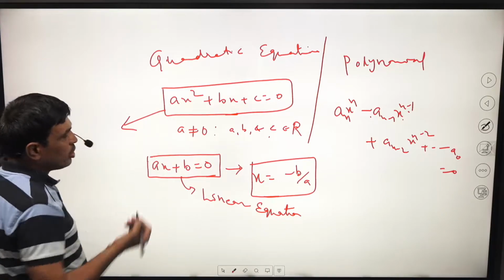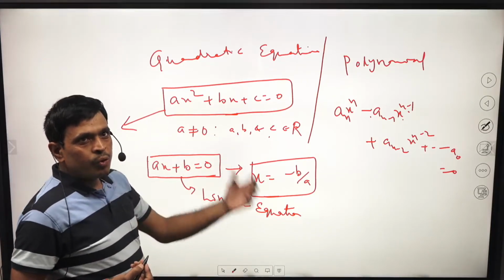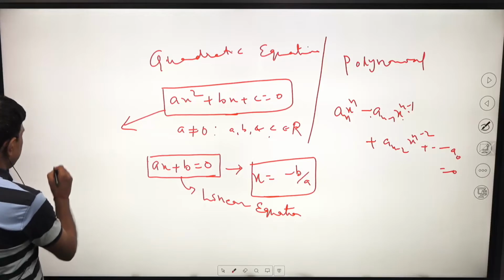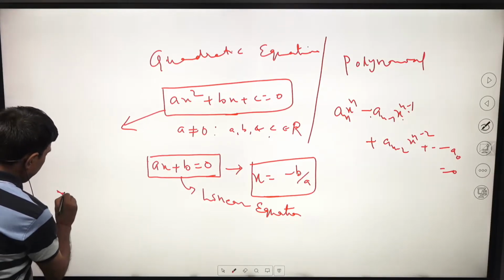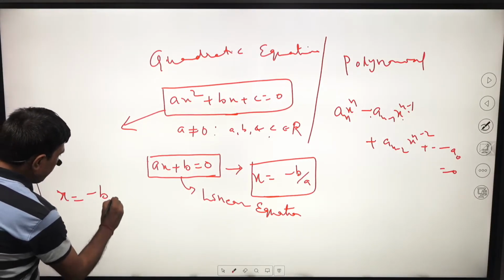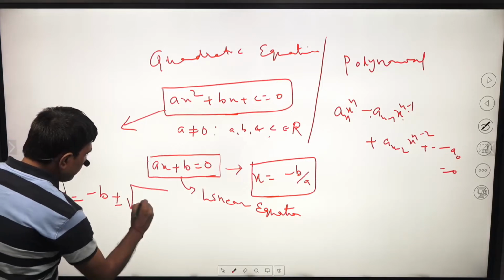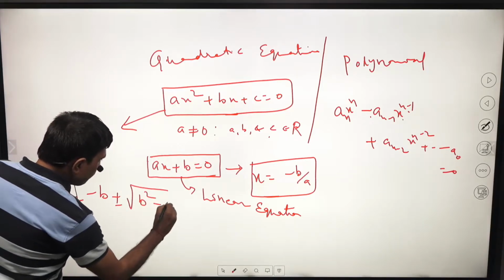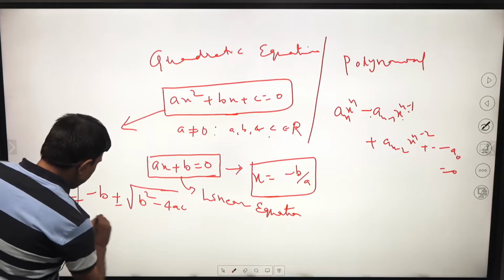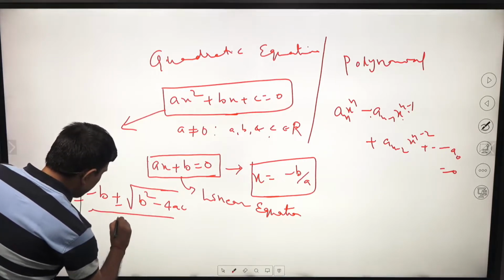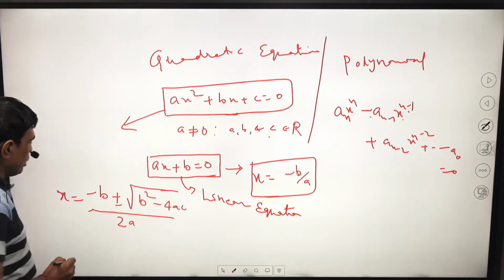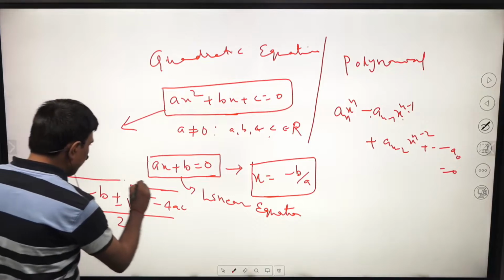Here we are talking about the root of a quadratic equation, which can be written as x = (-b ± √(b² - 4ac)) / 2a.